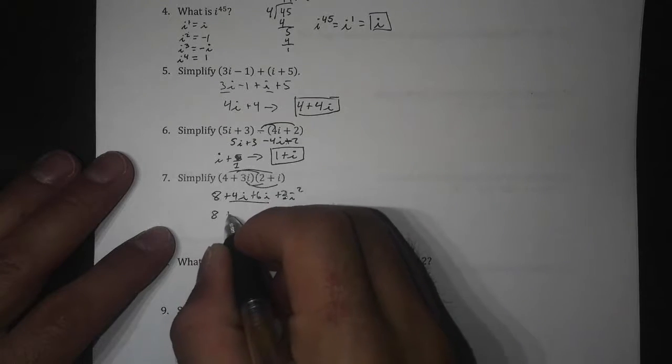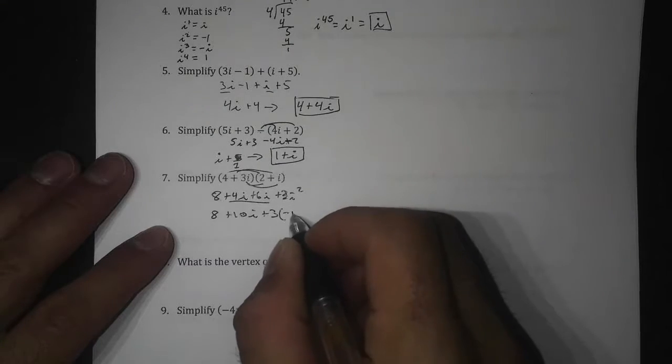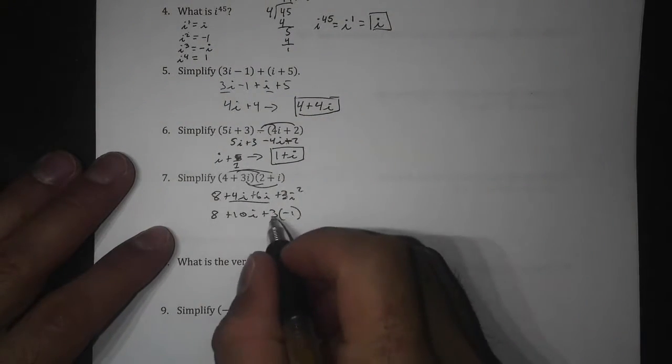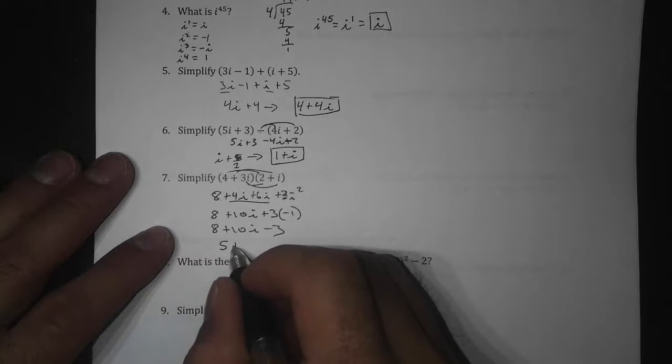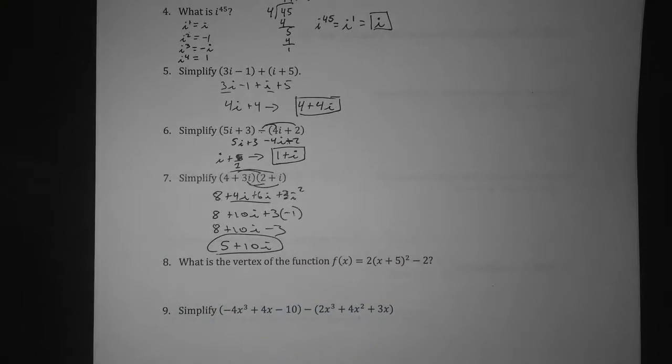So we have 8 plus 10i plus 3 times i squared, and i squared is negative 1. So that gives me negative 3. 8 minus 3 is 5. 5 plus 10i.